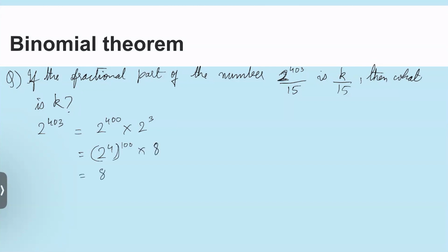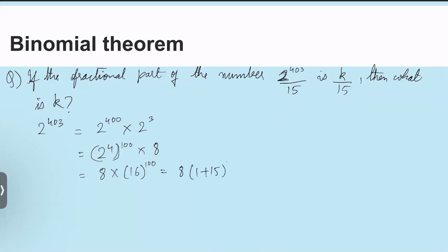So then you have 8 into 16 raised to 100, and that in itself you can write as 8 (1 plus 15), the whole raised to 100.